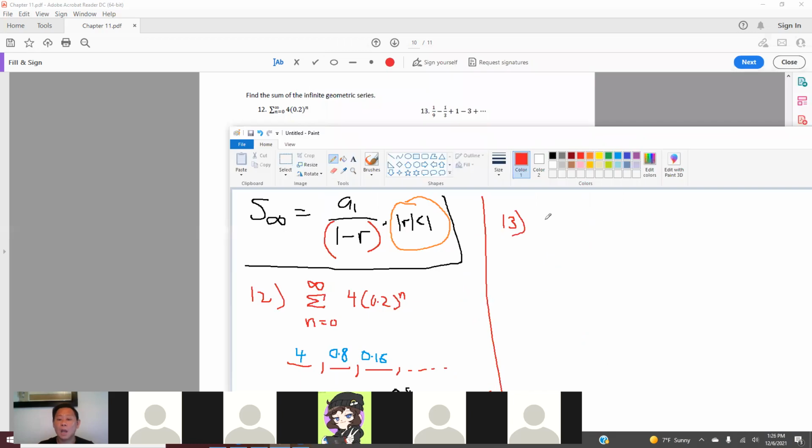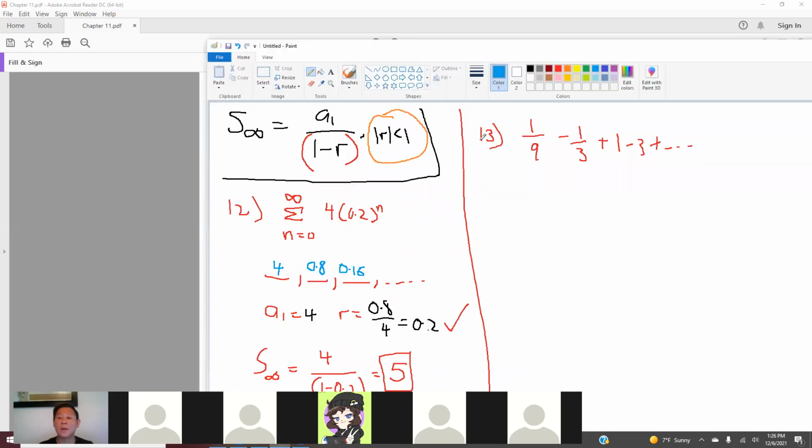Okay. If I give you something like this, then you do not need to figure this one out, because we can do your A1. So your A1 in this case is 1/9. Your R in this case is negative 1/3 divided by 1/9.